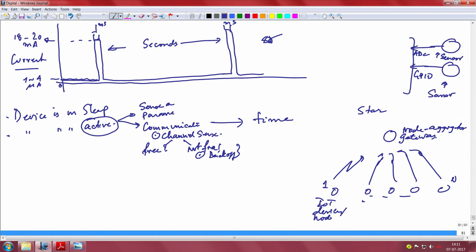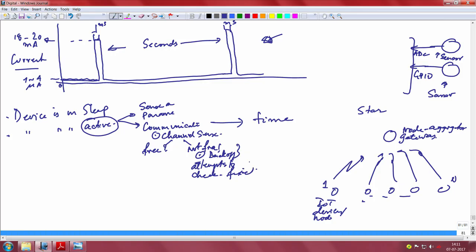How many times is it going to reattempt? That you can fix, the number of attempts to check if the medium is free can be fixed.